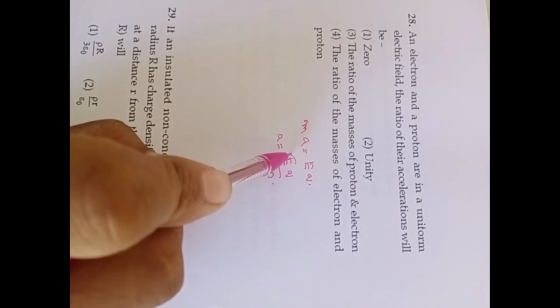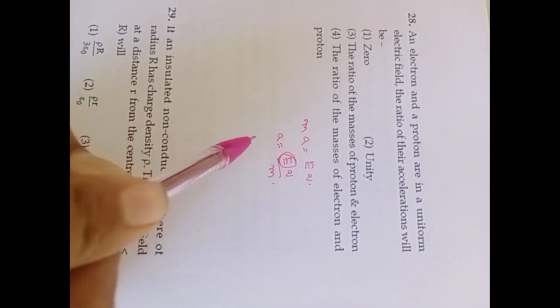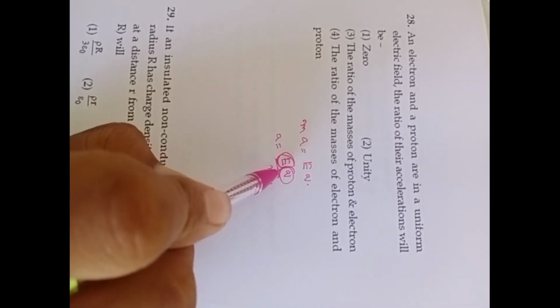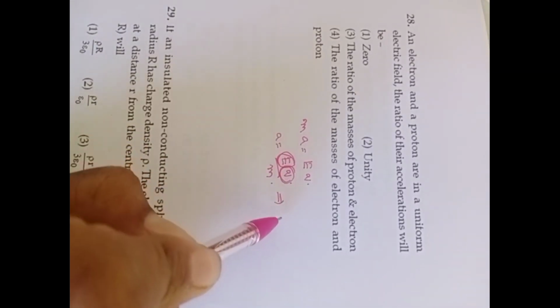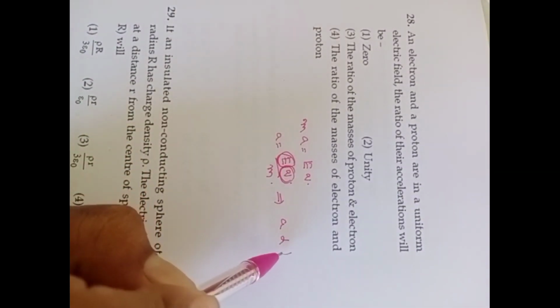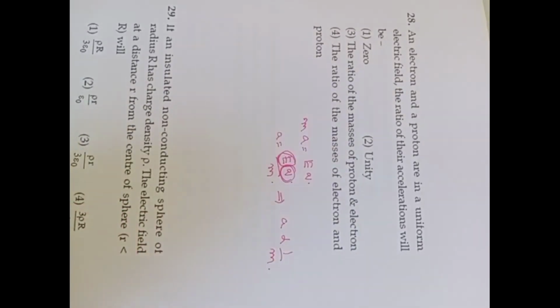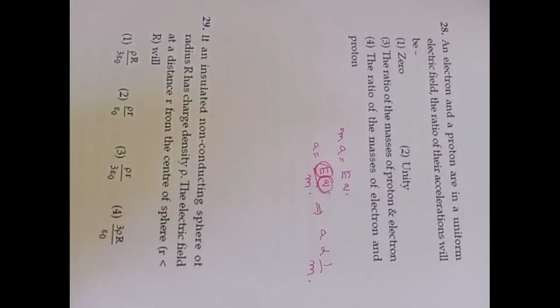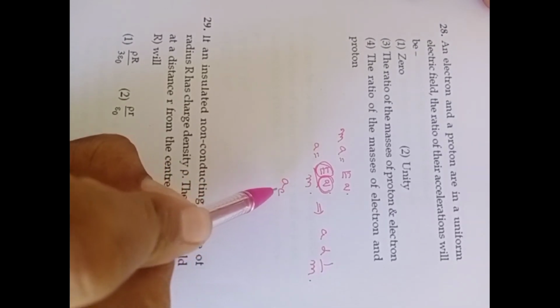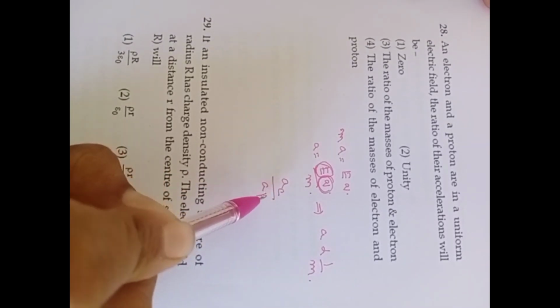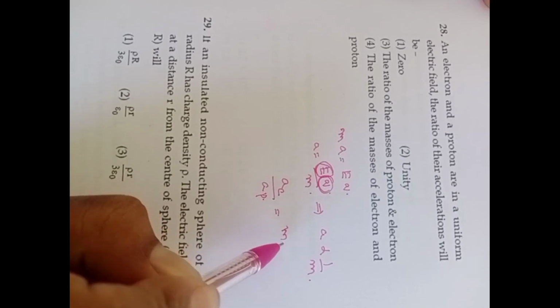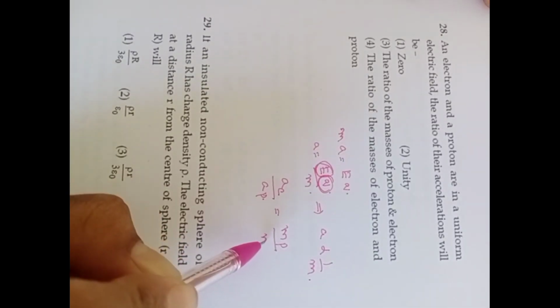Here, same field. Both are entered into the same field. Both are having the same magnitude of charge. Q also remains constant. So A is proportional to 1 by M. So for electron and proton, they are asking AE by AP is equal to MP by ME.